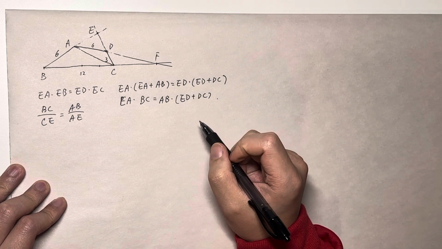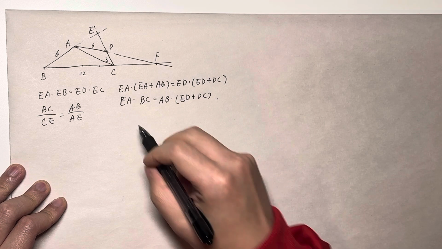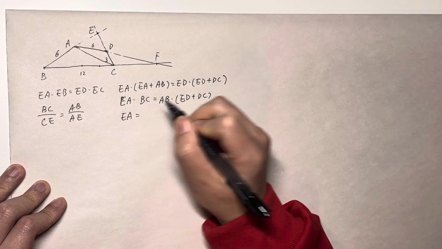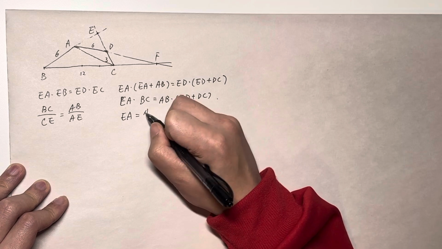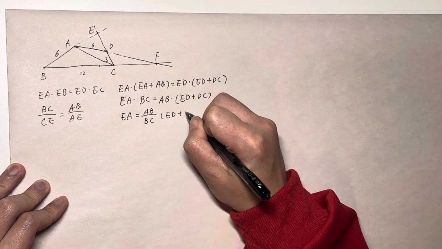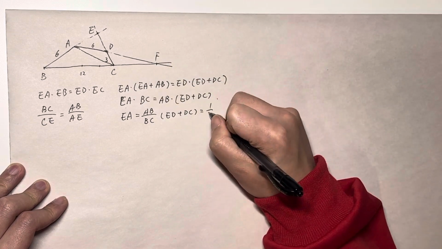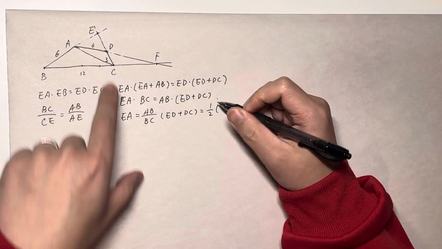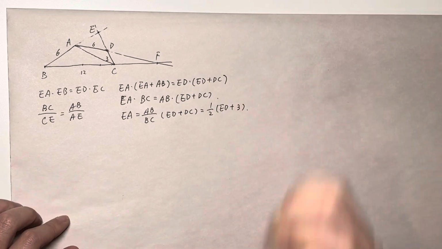Right, so EA is an unknown variable, right? So we can represent EA to be AB to BC times ED plus DC, which equals 1 by 2 times ED plus DC, which is 3, right?